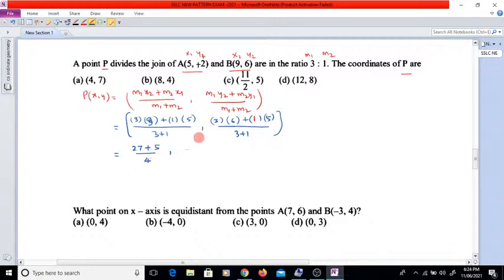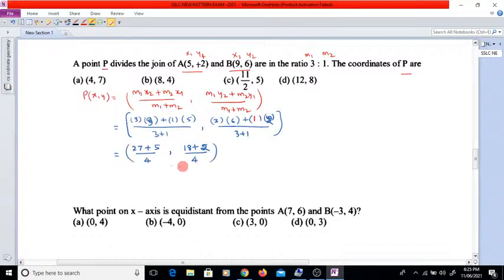And 3 sixes are 18 plus 2 ones are 2, divided by 3 plus 1 is 4.